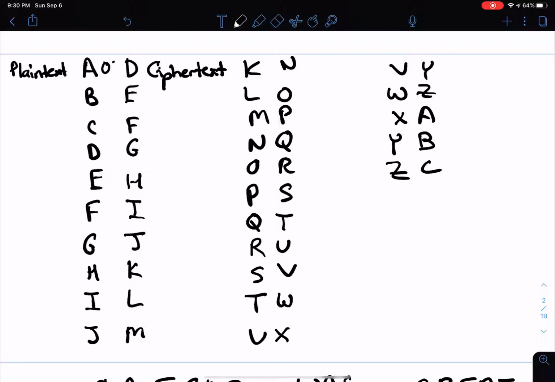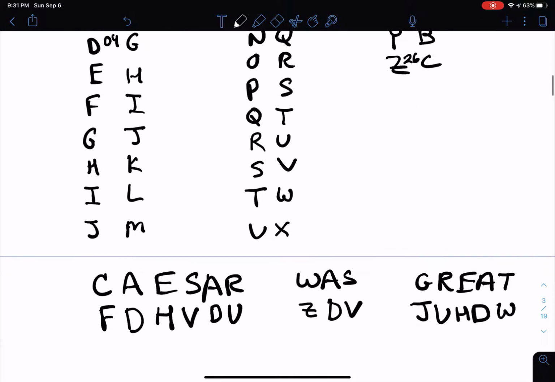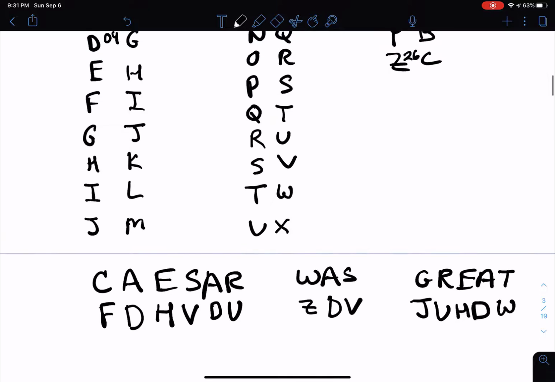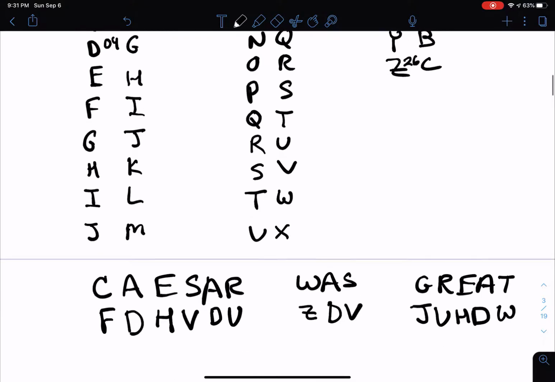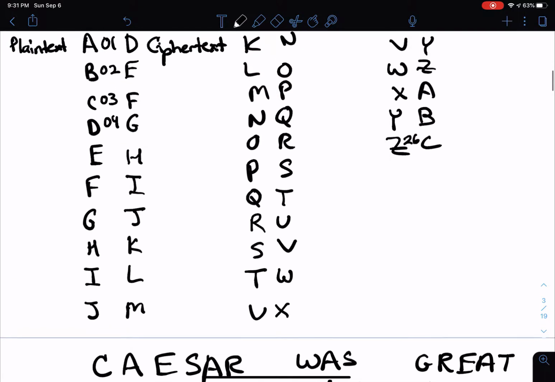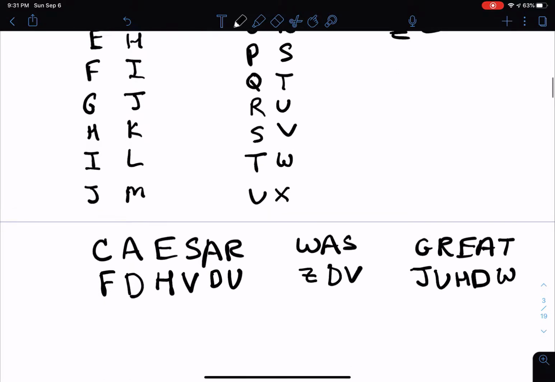Like A, you can assign 01, B, 02, C, 03, and so on, all the way down to Z, which would be 26. So if you want to make this kind of interesting, you could take Caesar was great and write the encrypted message in numbers instead of letters. That would be another way to add a little bit of complexity to it.